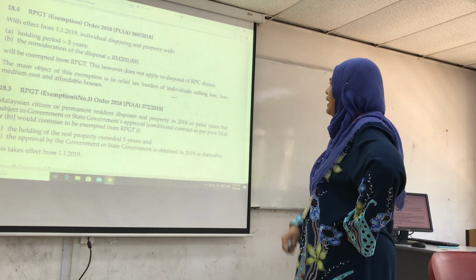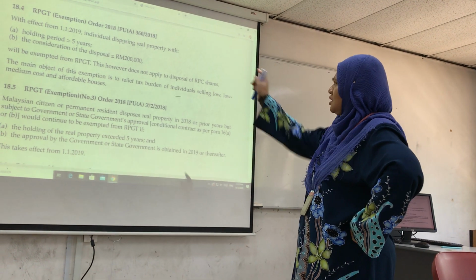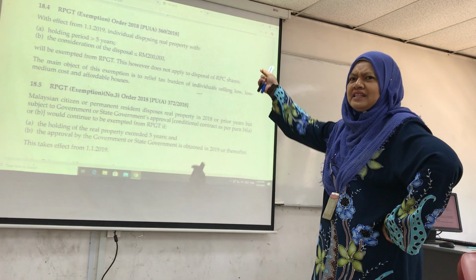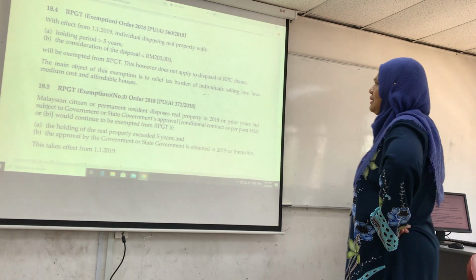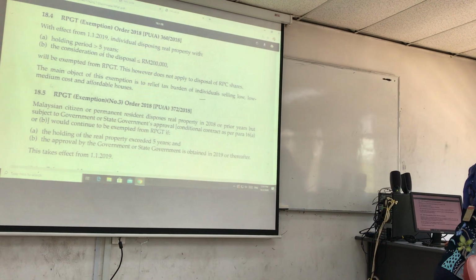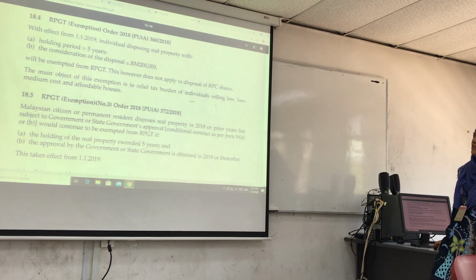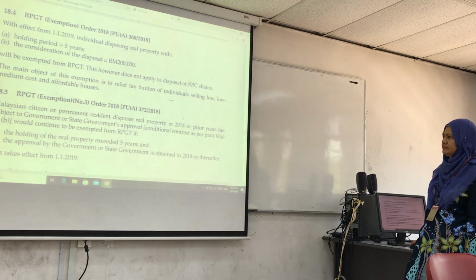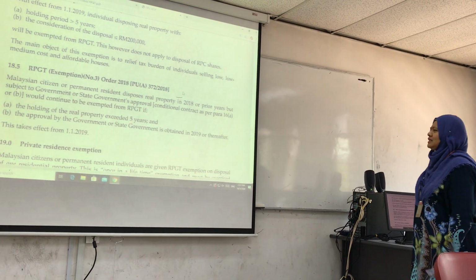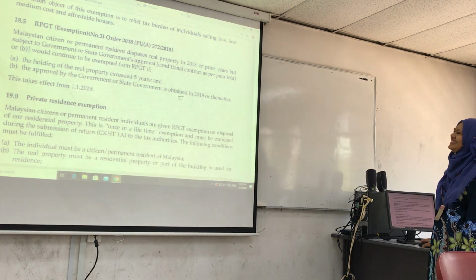But in real fact, it's not practical because the consideration price is too low. If you said less than 500,000, okay, then a lot of individuals could enjoy the exemption. The main objective is to relieve the burden of individuals selling low, medium cost and affordable houses. But still, where do you get 200,000? Tell me, I want to buy 2 or 3 units.